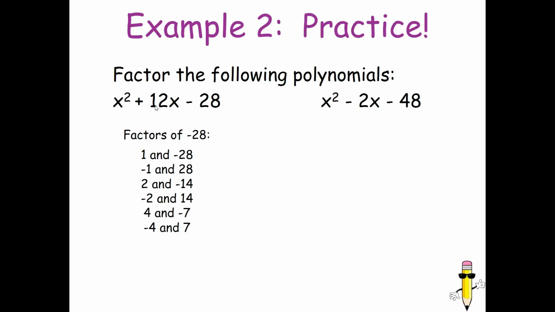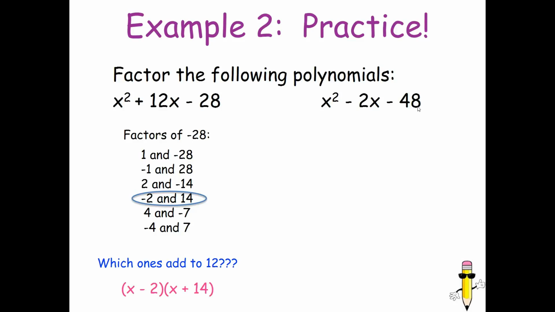And again, I'm looking for something that if added together gives me 12. More than likely it's going to be negative 2 and 14, because my 12 here is positive. If it was negative, then I would think it was negative 14, but it's not. So I'm going to go with 14 and negative 2, and then I can rewrite my binomial as x minus 2 and x plus 14.